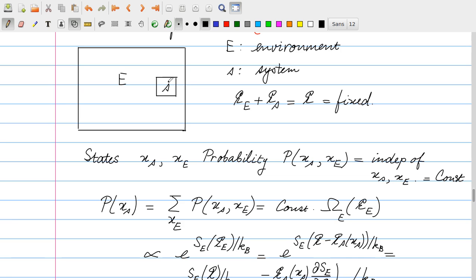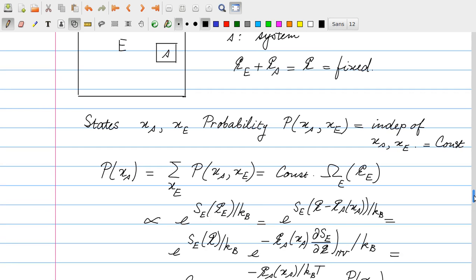So if the state of the system is xs and the state of the environment is xe, then the state of the environment plus the system can be written as (xs, xe), and that is the state of the system as a whole, and all these states have the same probability of occurrence. That means that the probability P to have a configuration (xs, xe) is independent of xs, xe, because it's constant, it's independent of the state we are looking at, and all the states of system plus environment can be written as (xs, xe).